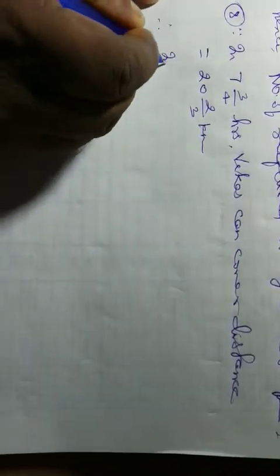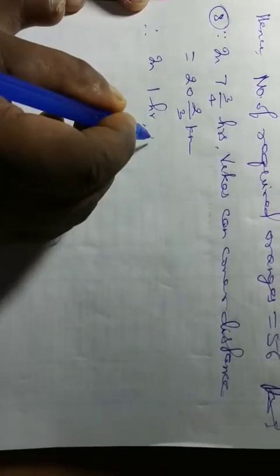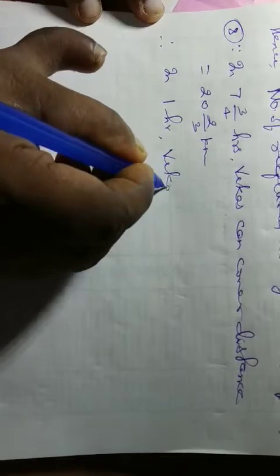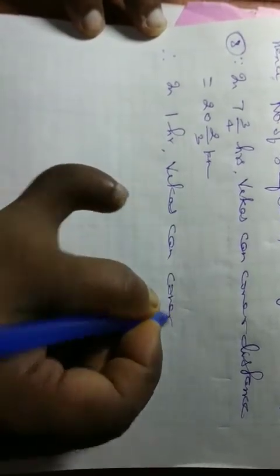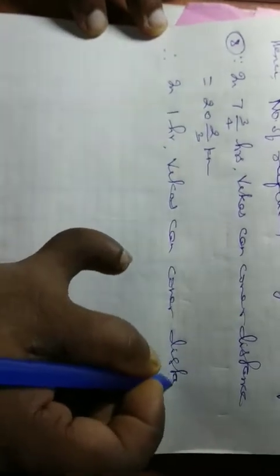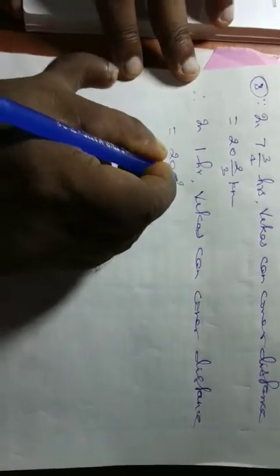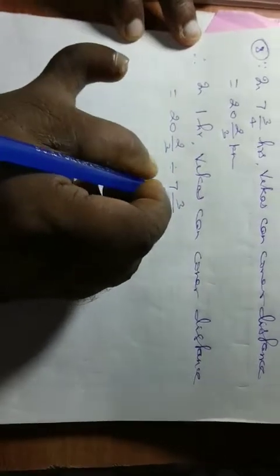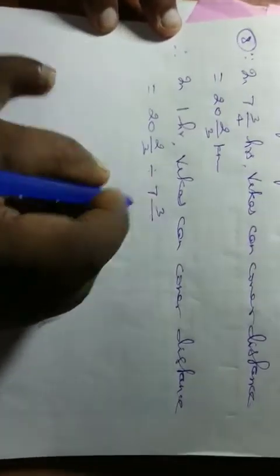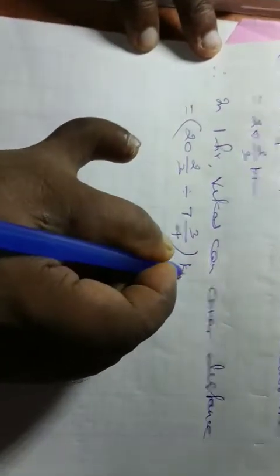Therefore, in 1 hour, Vikas can cover distance equal to 20 whole 2 by 3 divide 7 whole 3 by 4 kilometers.